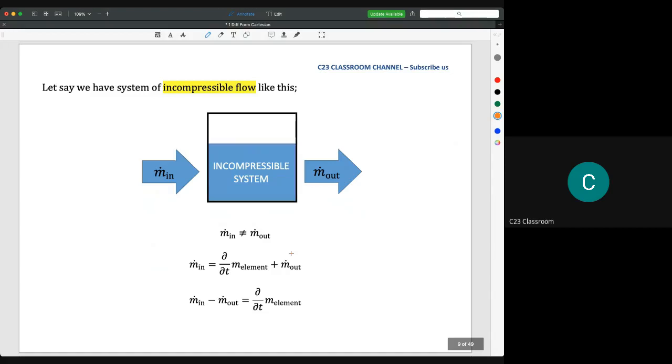Okay, let's say we have an incompressible system. So, incompressible system, it can be something like this. So, we have a tank here, and this tank still have certain area, certain volume to be fulfilled.